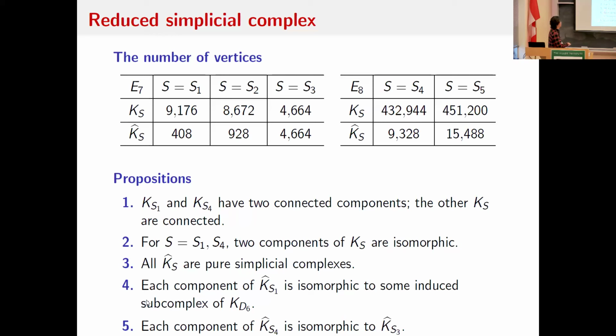And proposition 5 says that here the KS4 has two connected components, and each connected component is isomorphic to KS3 hat. We can see that the number of vertices is exactly twice.